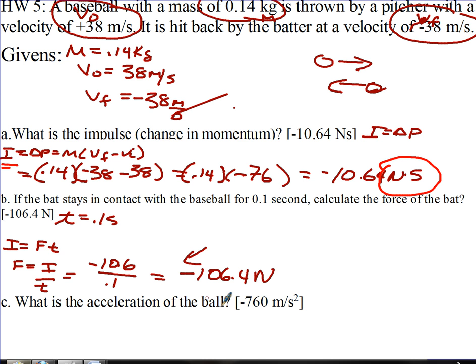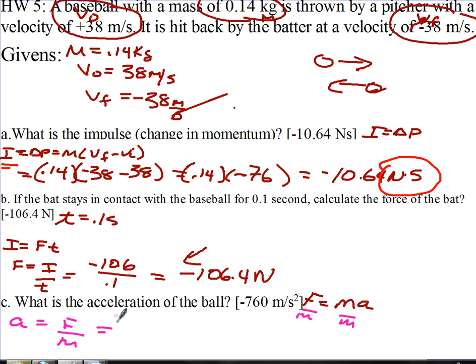Now, what's the acceleration of the ball? Oh goodness, that's not this unit, but it is. Everything we've done before counts. We know F equals ma. So, I'm going to solve this for acceleration by dividing both sides through by m. And I have the acceleration of my ball is the force applied divided by the mass of the ball.